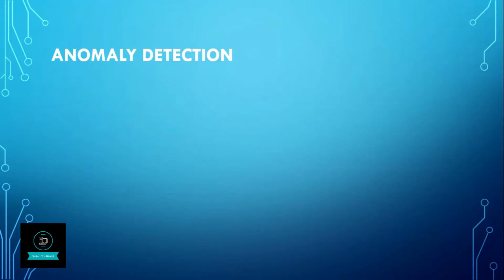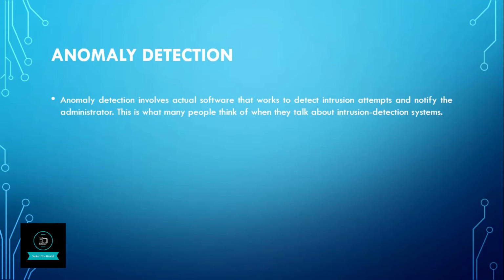Next approach is anomaly detection. It involves actual software that works to detect intrusion attempts and notify the administrator. This is what many people think of when they talk about intrusion detection systems. The general process is simple. The system looks for any abnormal behavior, any activity that doesn't match the pattern of normal user access, and it is noted and logged.